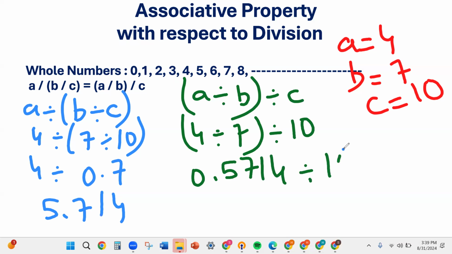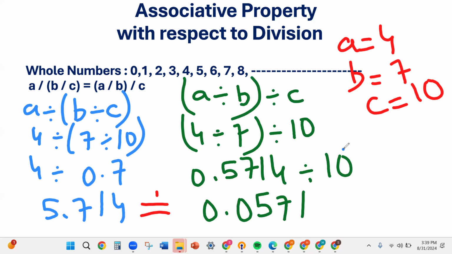Now divided by 10. 0.5714 divided by 10 will give you 0.0571, which is not equal to 5.714. So this property is false.